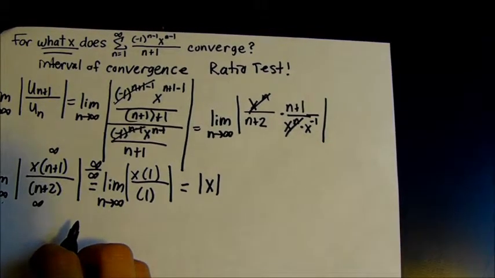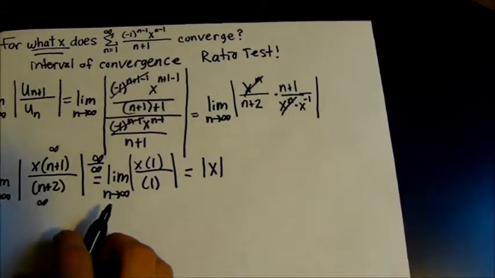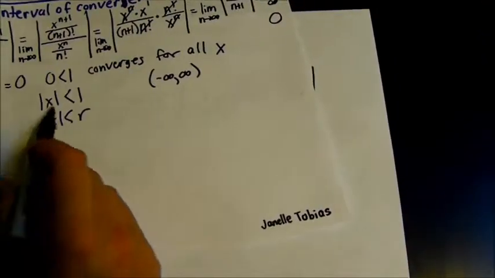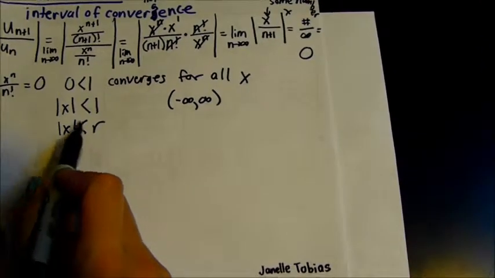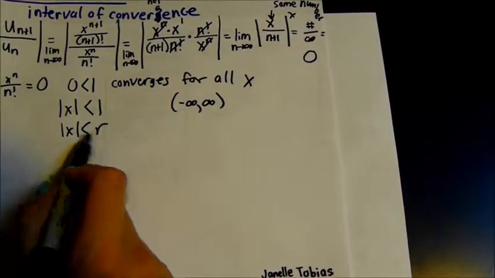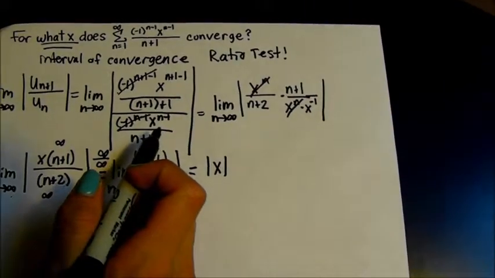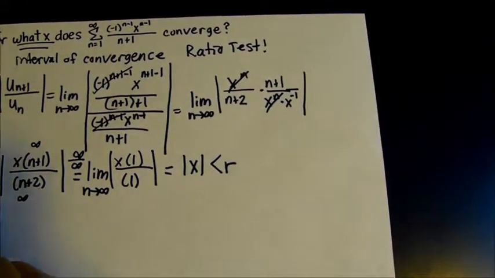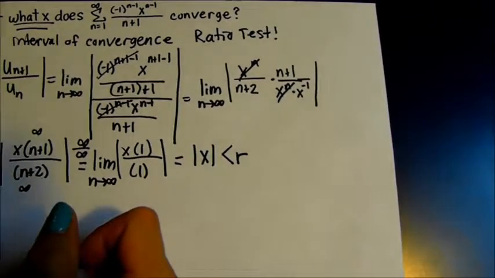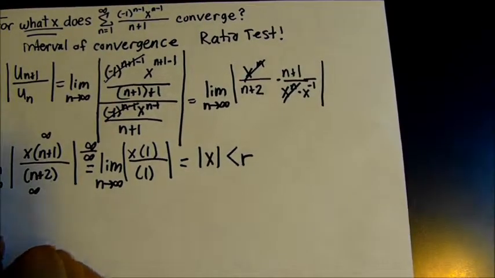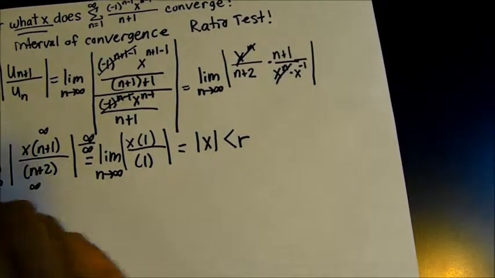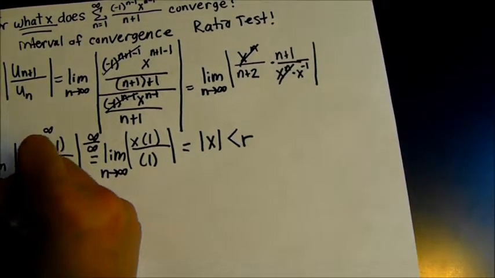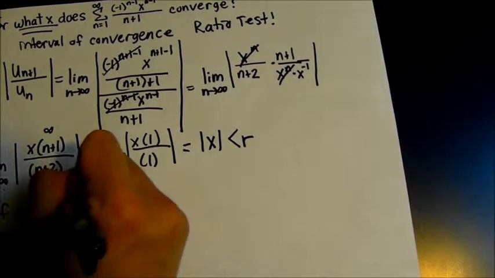And like we said on this first problem here, we want the absolute value of x to be less than our radius, and that's going to be our radius of convergence.